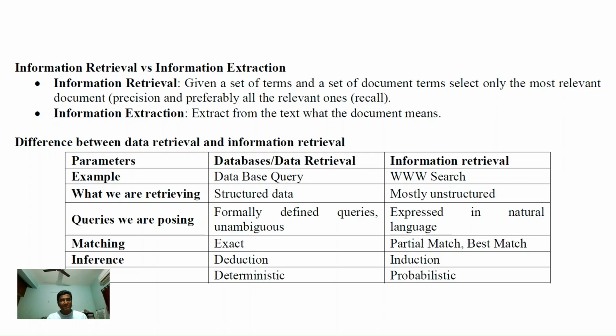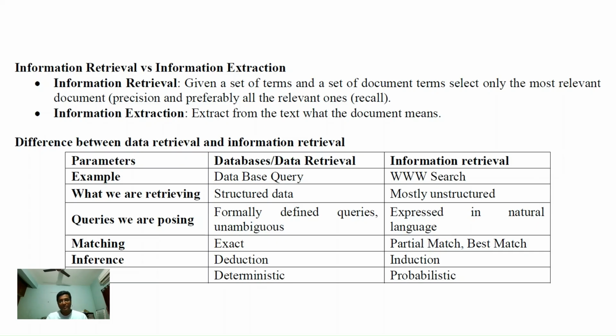The third one is the queries. Under a database, we pose formally defined, unambiguous queries. In information retrieval, the query is expressed in natural language.